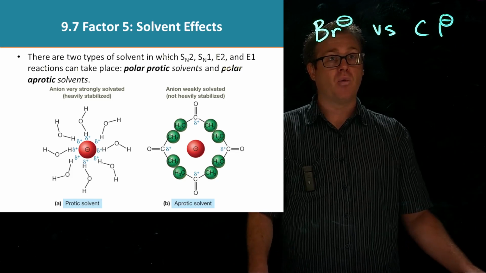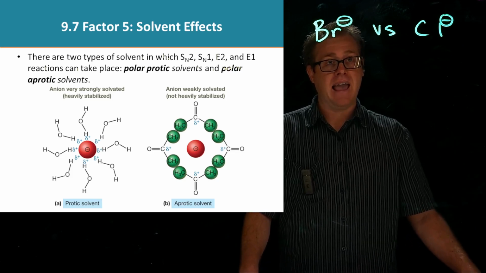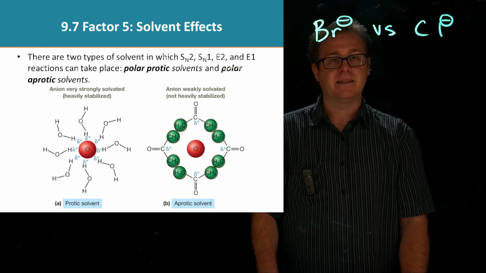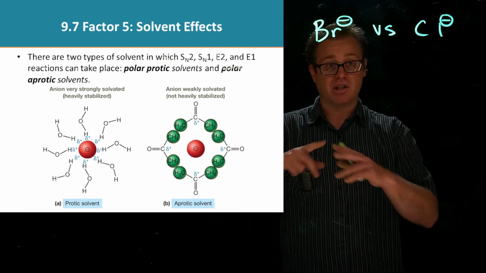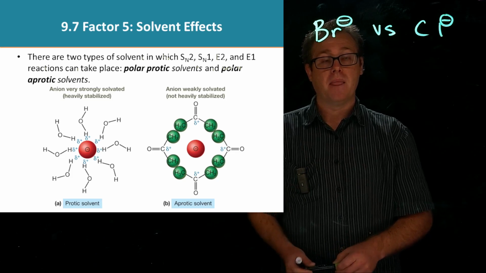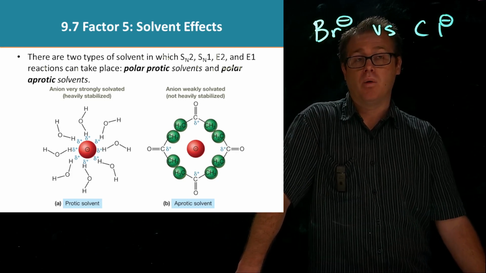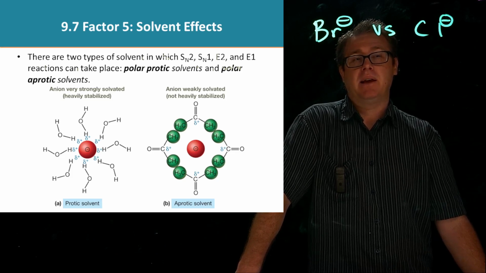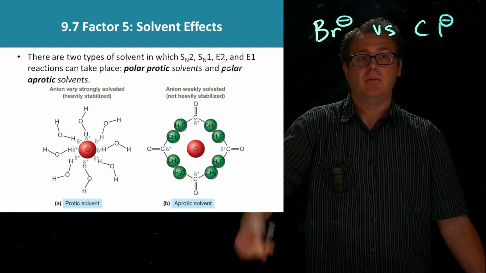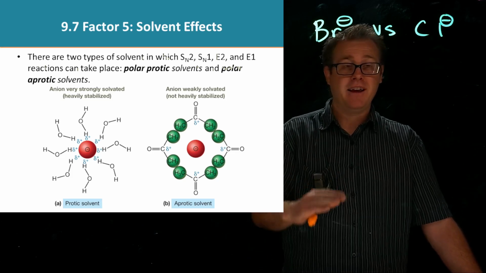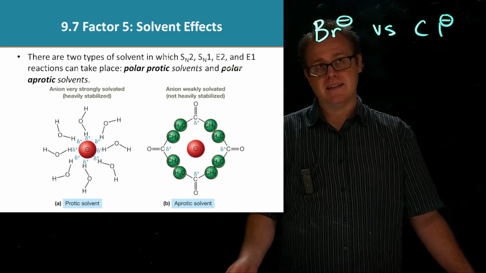You see that there's more water molecules around the anion, and they're closer to the anion. So it stabilizes or solvates the anion more. And when an anion is solvated more heavily, it becomes more stable. More stable means lower in energy. And when it's lower in energy, it becomes less reactive.